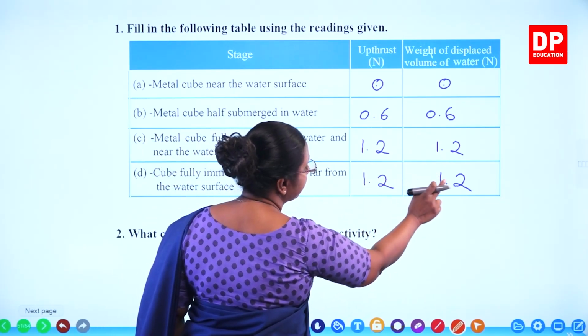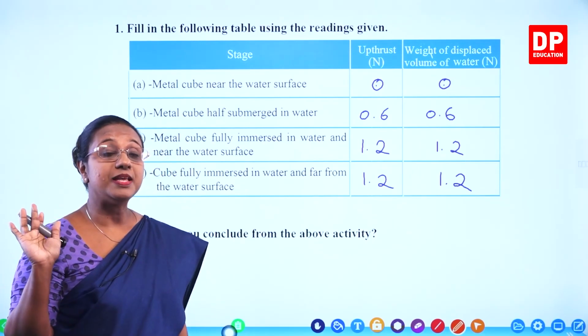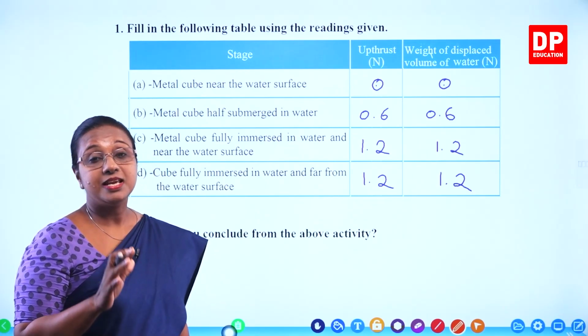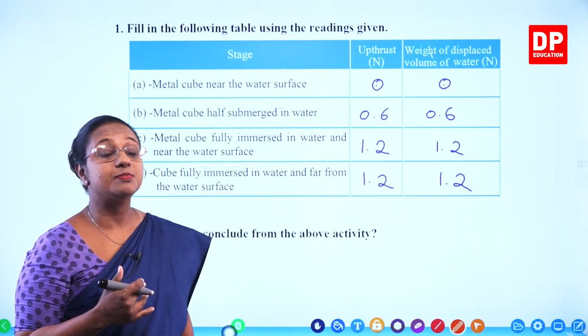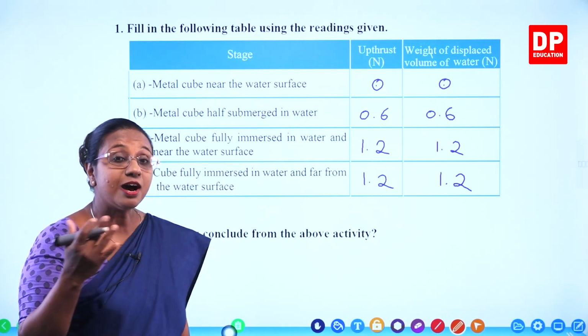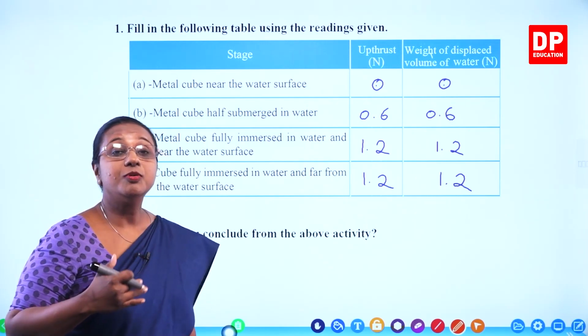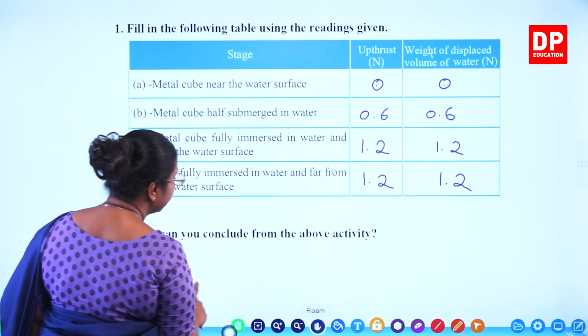Again upthrust 1.2, weight of water displaced 1.2. So from this, what can you conclude? We can say the upthrust exerted by water is equal to the weight of water displaced by the object. That is how we get the Archimedes principle. So that is the conclusion.